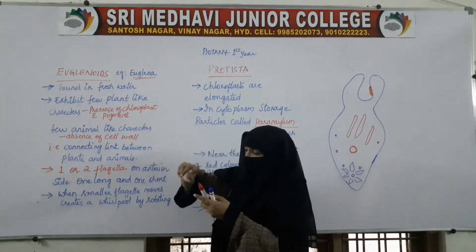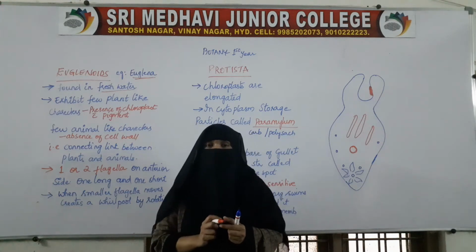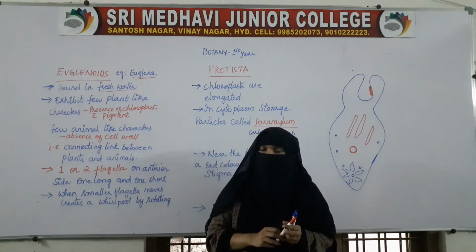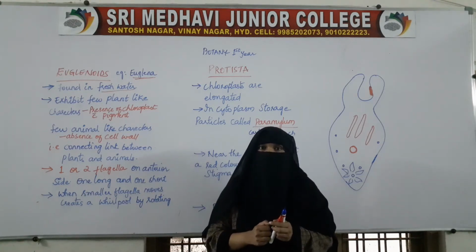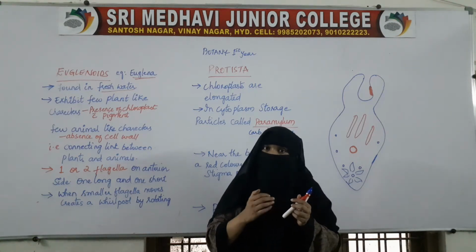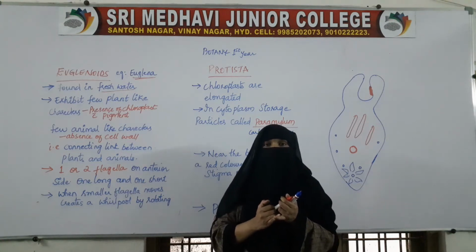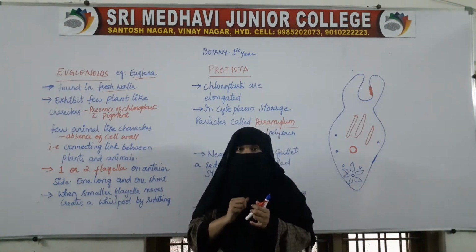This Euglena exhibits a few characteristics which are plant-like and a few which are animal-like. Not all characters, but a few from plants and a few from animals.